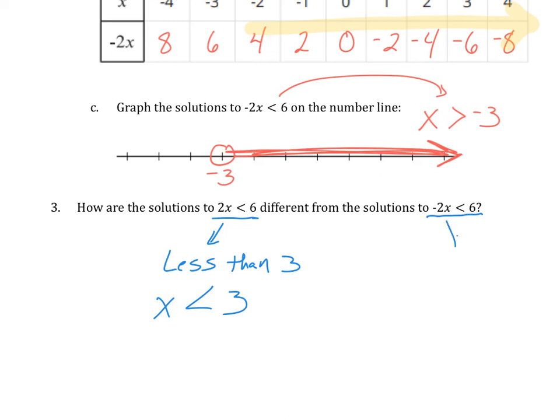And all of your solutions are going to be greater than negative 3. Okay, I left the "than" out there. Greater than negative 3. So x is going to be greater than negative 3. So again, we've got a negative 2 here, which caused us to flip the sign, and we have a negative answer. We had a positive 2, the sign stayed the same, and then the answer stayed positive.